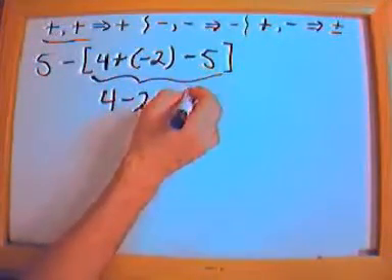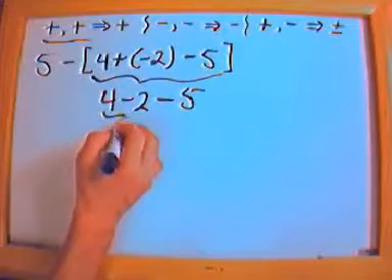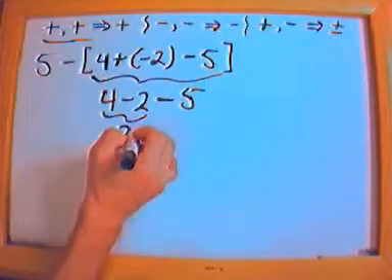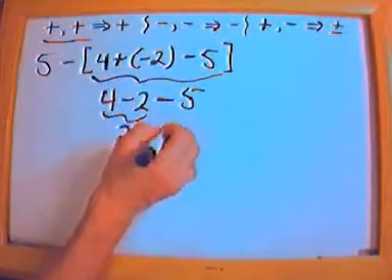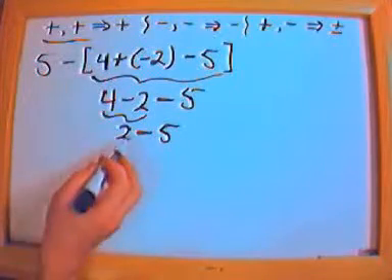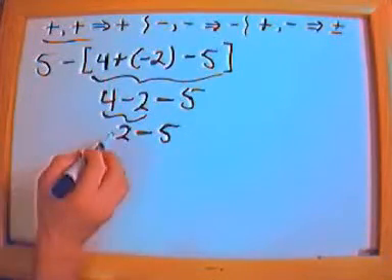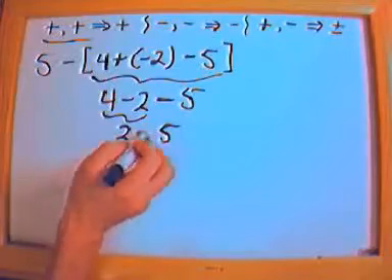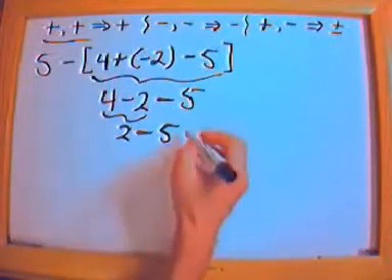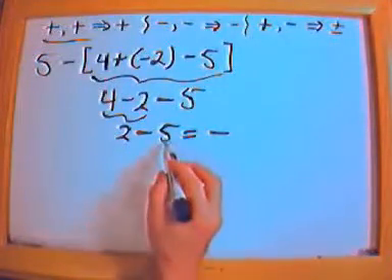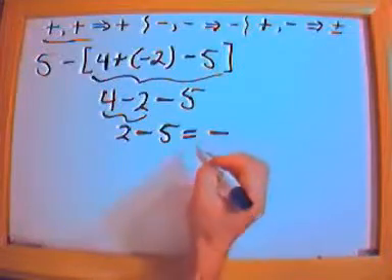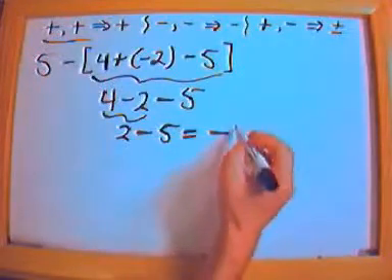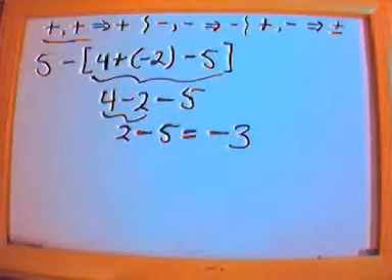I can carry the 5 down. 4 minus 2 from kindergarten is 2. I'm going to carry down the negative 5. Okay. 2 minus 5 is like 2 plus a negative 5. So the answer to this is going to be a negative number. I'm subtracting more than I have. And then to get the actual number, I just take 5 minus 2 is 3. So I've got a minus 3 there.